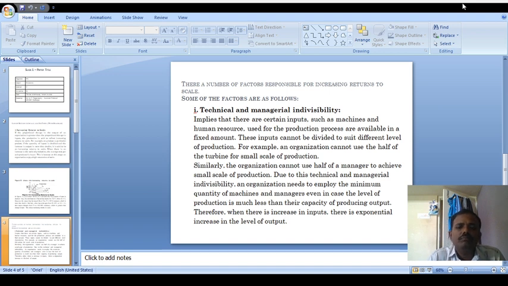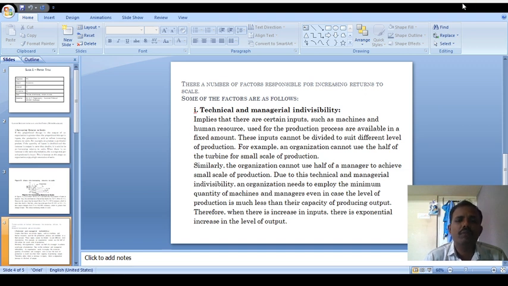Where the production unit gets increasing returns to scale, certain inputs such as machines and human resources used for the production process are available in a fixed amount. These inputs cannot be divided to suit different levels of production.